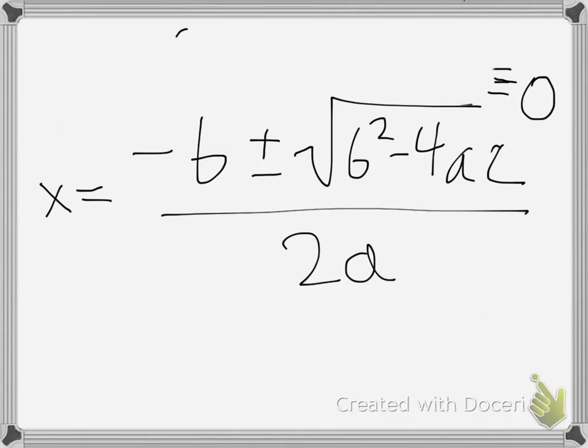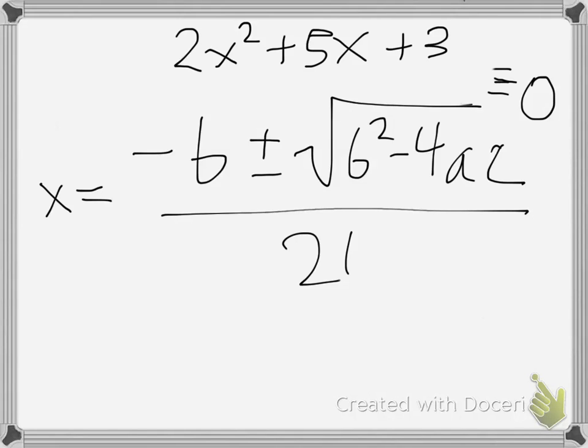Now let's solve another one. 2x squared plus 5x plus 3 equals 0. In this case, a equals 2. Let me replace everything with 2. c equals 3. So 4 times 2 times 3 is 24.